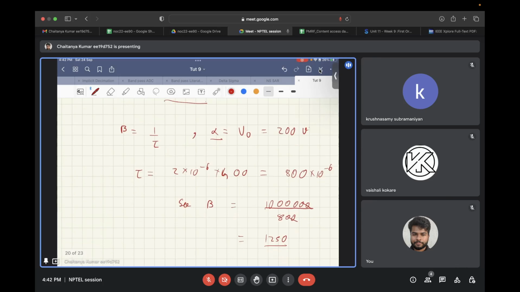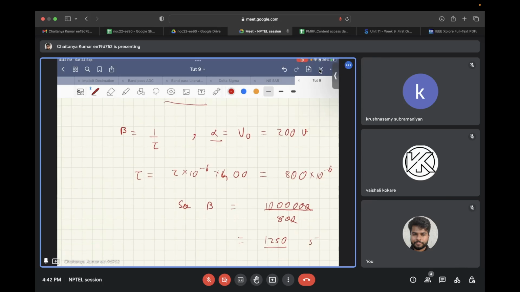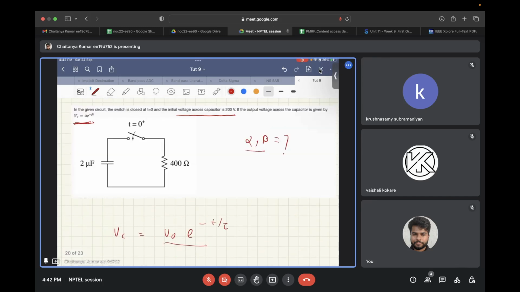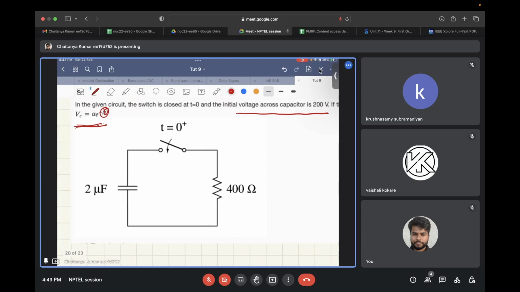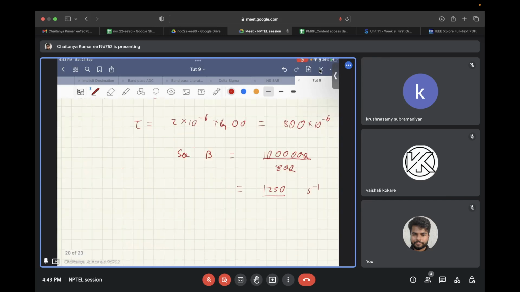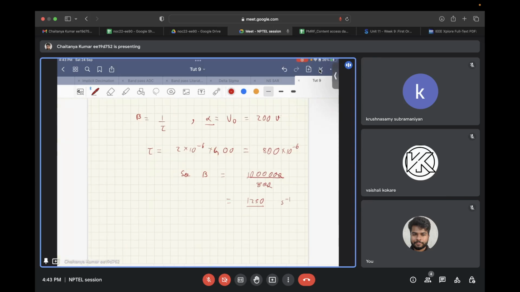The units of beta will be second inverse. You can know this in the following way: any argument of an exponential or logarithmic or any function is a dimensionless quantity, and time is in seconds, so beta will be in 1 by seconds. So this is how you needed to solve this question.